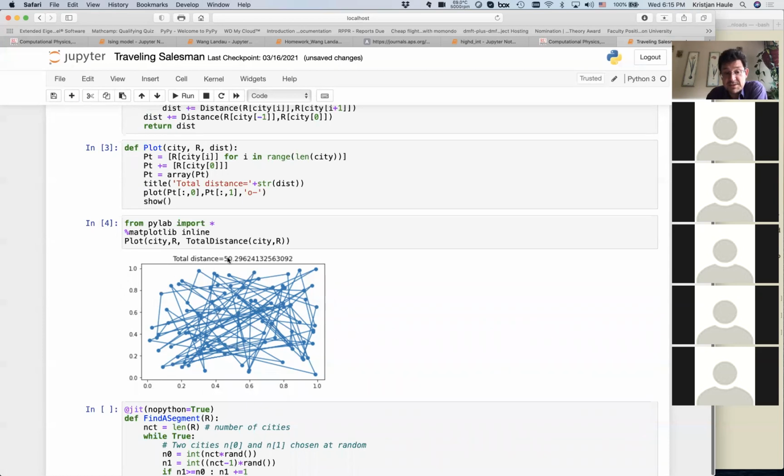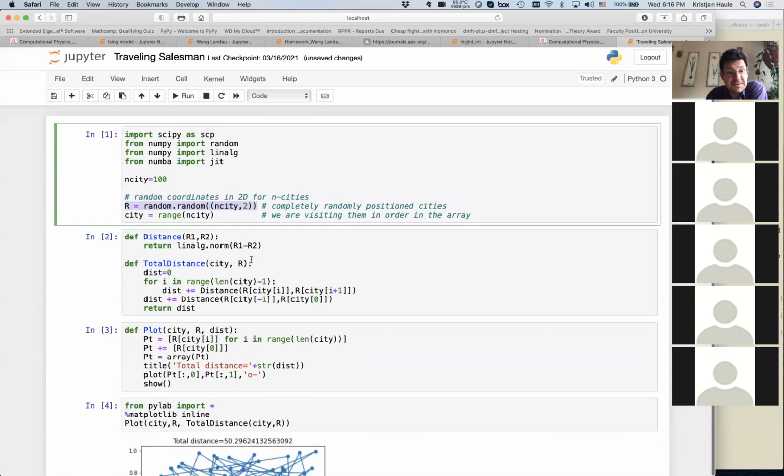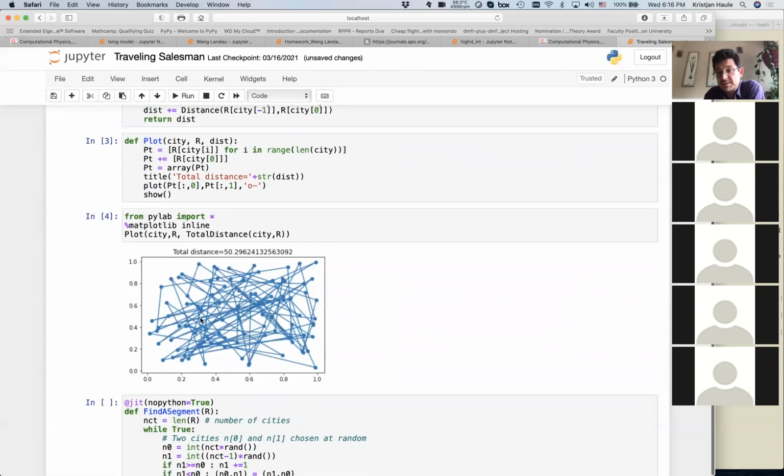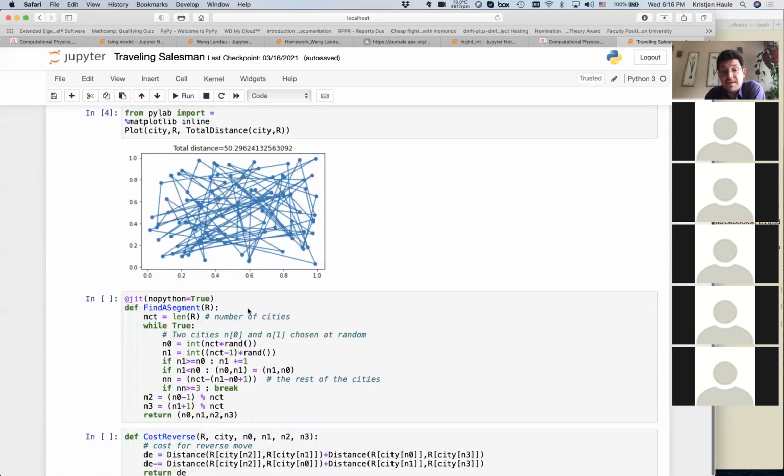So the total distance is 50.296 for, I think, 100 cities. Yeah, I'm doing 100 cities. So that's how it looks. So obviously this journey is way longer than need be, isn't it? Because we see crossing all over the place.